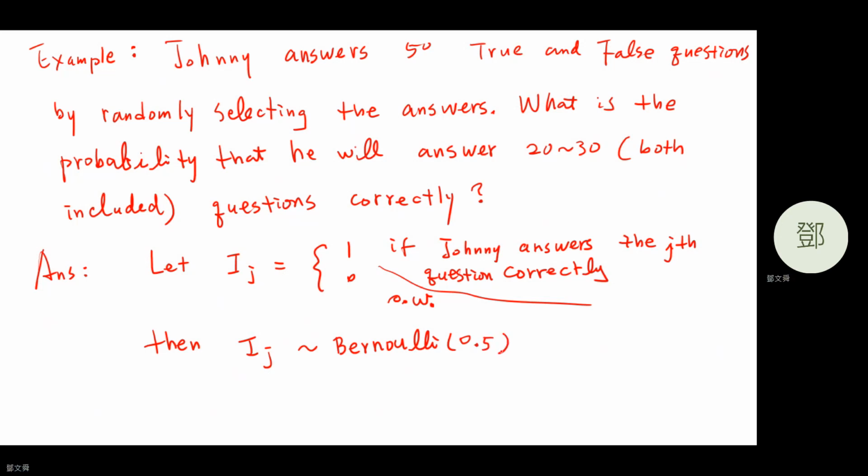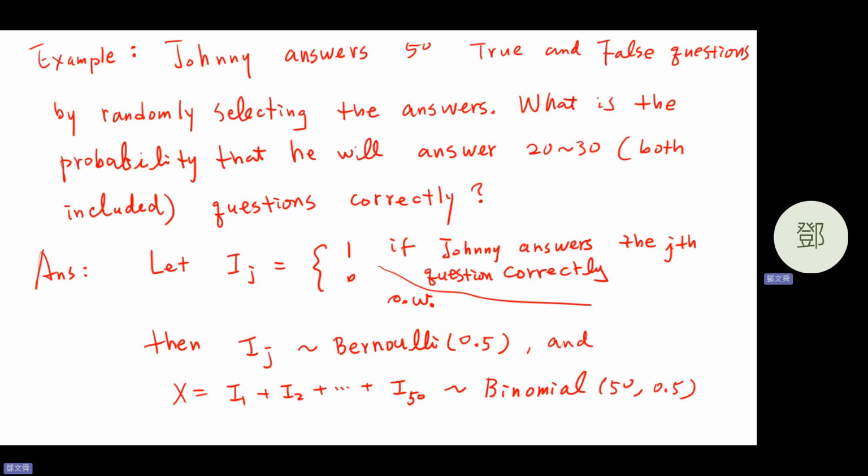Okay. And now, X equals I1 plus I2 plus all the way to I50 is distributed as binomial with 50 and 0.5.